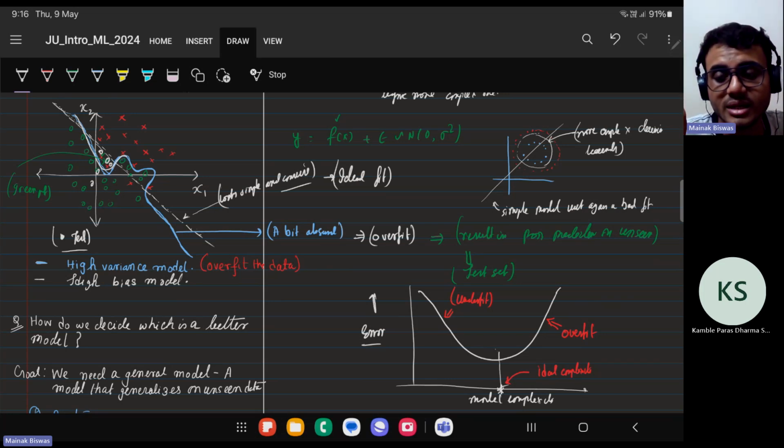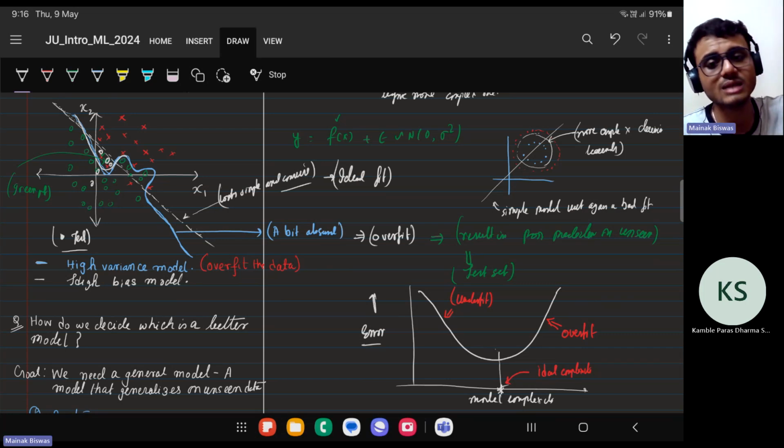For example, you have trained on the entire image set on the internet to predict cats, dogs, and so on. But when you take a photo from your camera and give it to the model, it must be able to say it is a cat. If the model performance decreases significantly on your camera photo, then you can say that the model is overfitting.